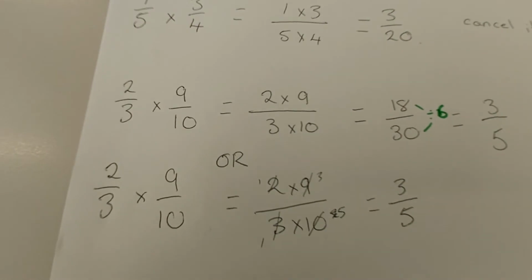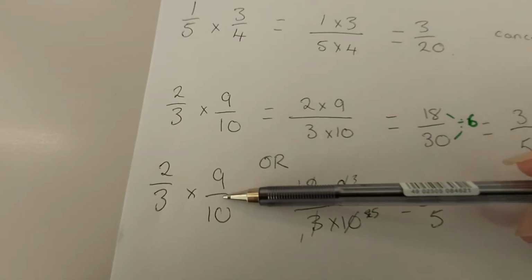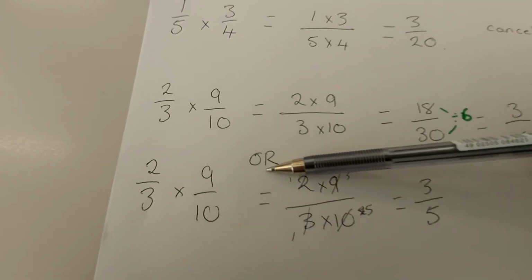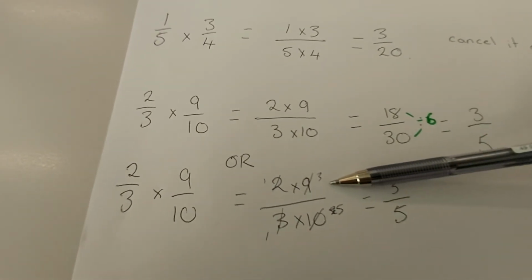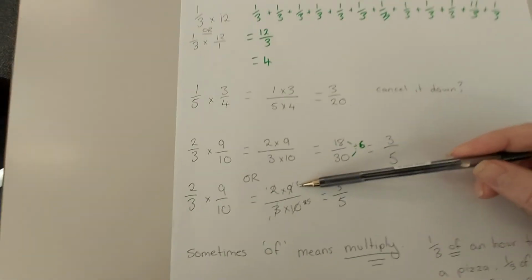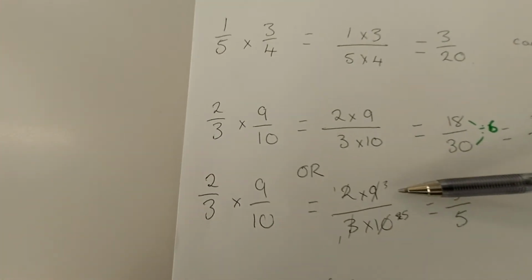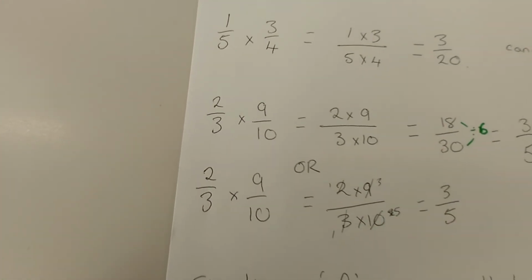Now, the trick that I want to show you here is I've got exactly the same question again, but I'm going to do it a different way. Instead of cancelling down here at the end, I'm going to cancel down here at the start. The deal with these fractions is that whatever you do to the top, you do to the bottom.